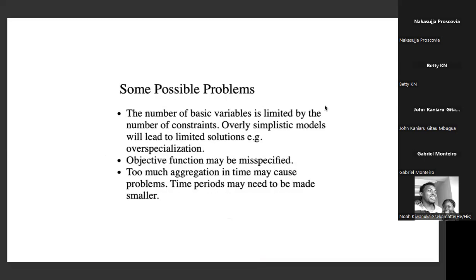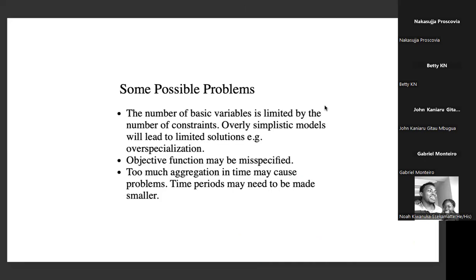Then what are the possible problems that can cause failure of validation, or cause failure of a model to conform to literature? For example, the number of basic variables is limited by the number of constraints. Overly simplistic models will lead to limited solutions, that is, over-specialization. The objective function may be misspecified.